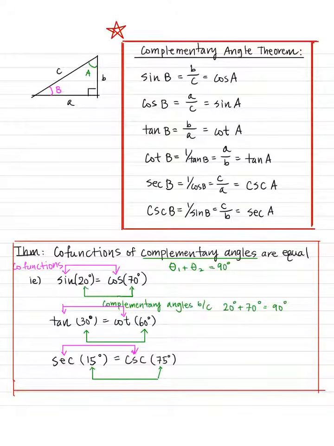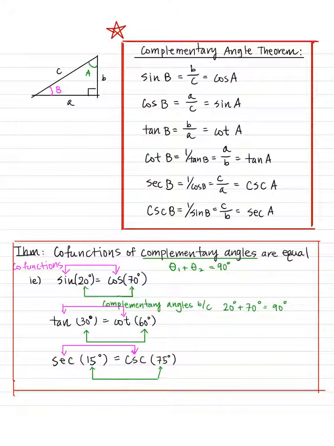Next theorem is the cofunctions of complementary angles are equal. Okay, so the cofunction means, if it's a sine, what's the cofunction of sine? It's cosine, right? So cofunctions are sine and cosine. Now, what's the cofunction of tangent? Cotangent.